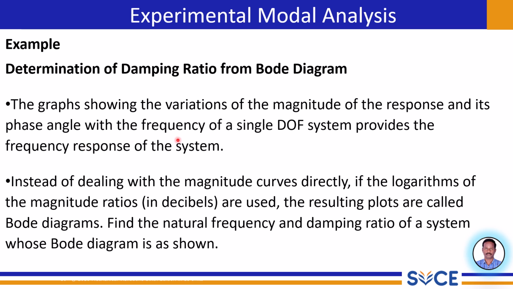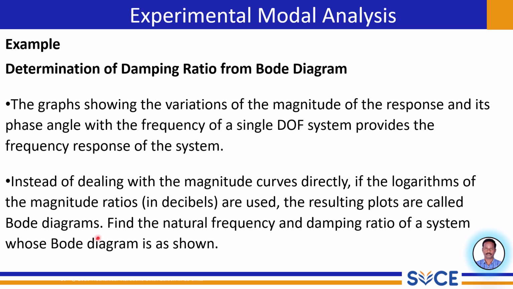Instead of directly working with these magnitude curves, it is often more convenient to use logarithms of the magnitude curves. That is, it is expressed in decibels. When we plot these logarithmic magnitude values and phase angle against frequency, the resulting graphs are known as Bode diagrams.